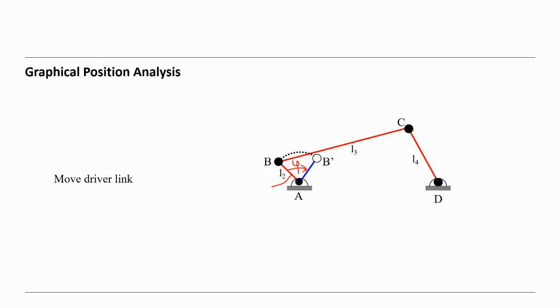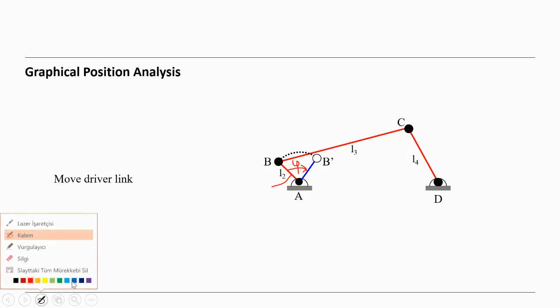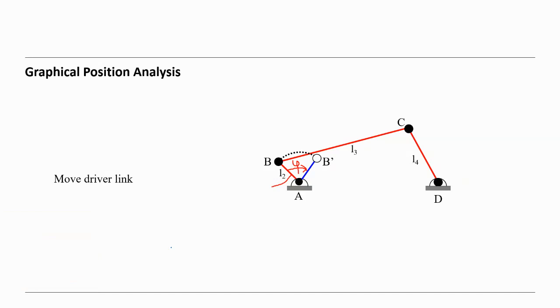So how can we find the position C? We know already that the point C is moving on a circle with the center of D.